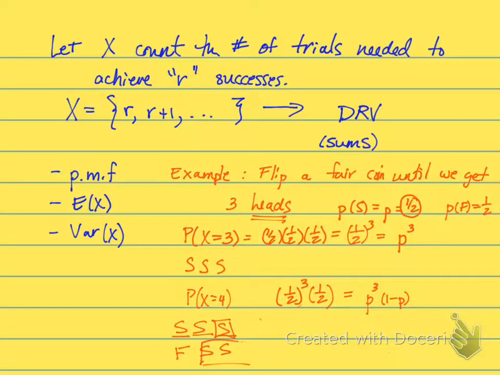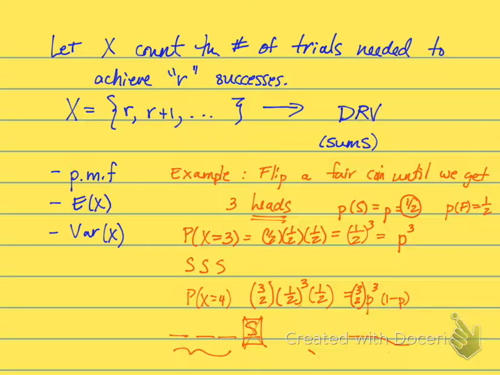So we have this extra restriction that we have to consider. We have 4 trials, the last of which is our last success. So the real question is how many ways can I put the other 2 successes in the 3 slots before the last? Okay? So 3 choose 2, p cubed times 1 minus p.